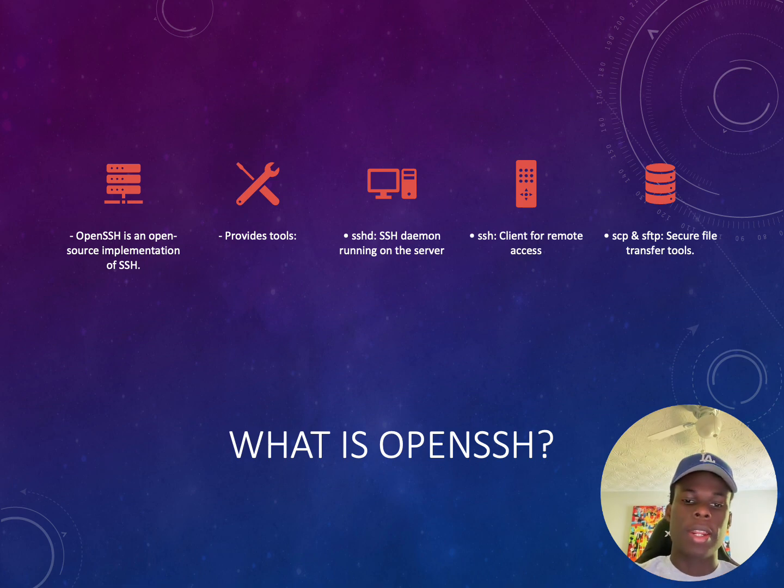Now that we've talked about SSH, let's talk about OpenSSH, one of the most popular implementations of the SSH protocol. It is free, open source, and widely used on Linux and Unix-based systems. OpenSSH provides several important tools such as SSHD, SSH, SCP, and SFTP.